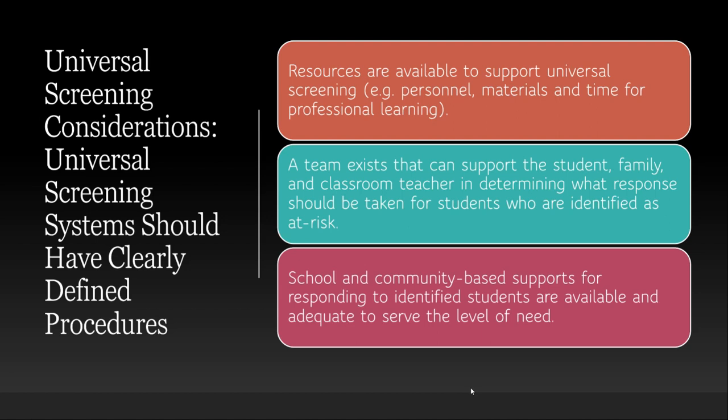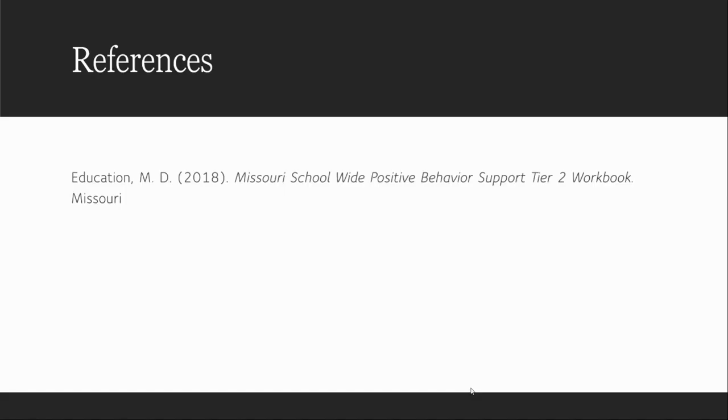Because again, the goal of these tier 2 interventions is to be immediately accessible once we identify that a child is in need of those supports. So ideally, when a team is getting ready to administer these universal screeners, they should already have their tier 2 framework planned out, and those students should be ready to receive those interventions as soon as they have been identified.